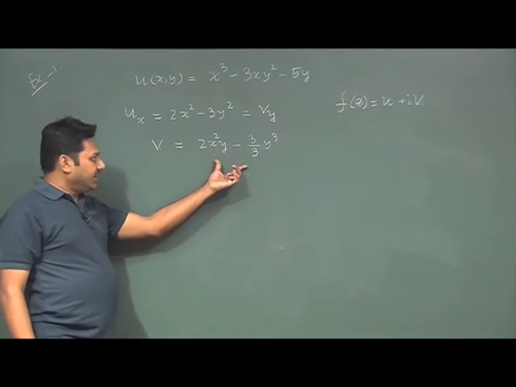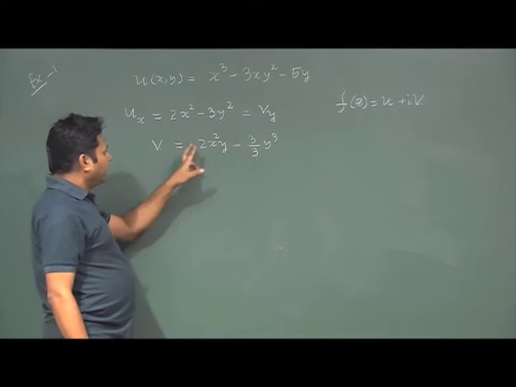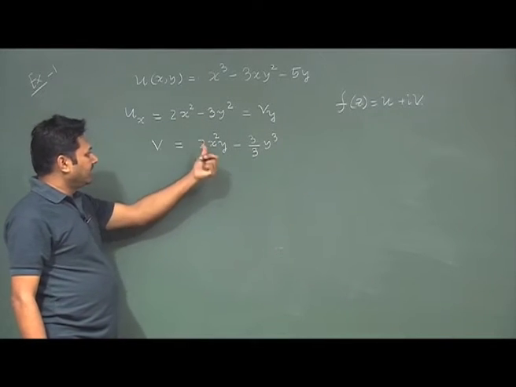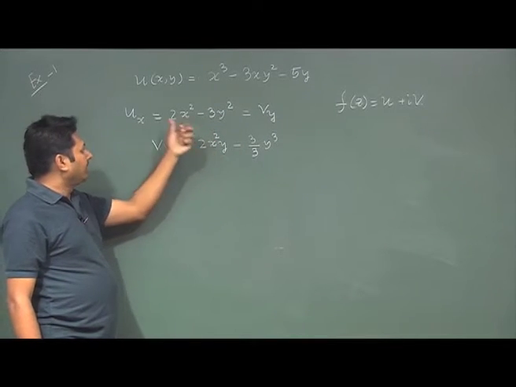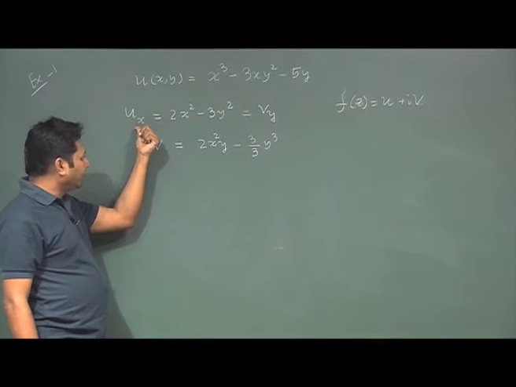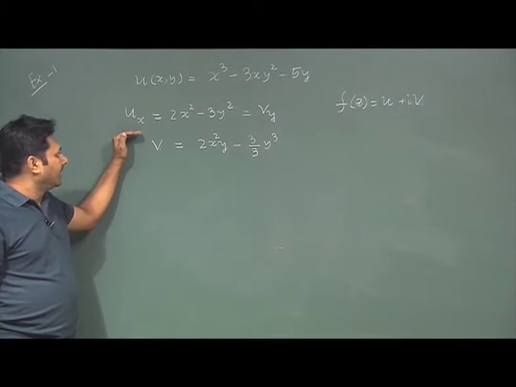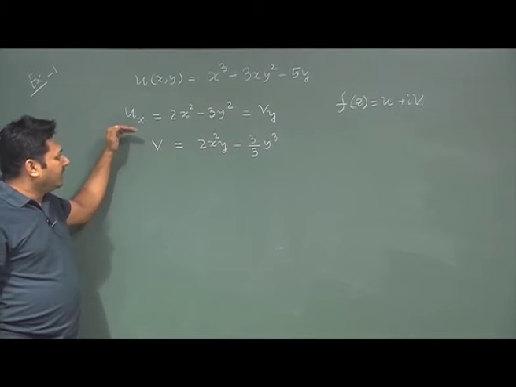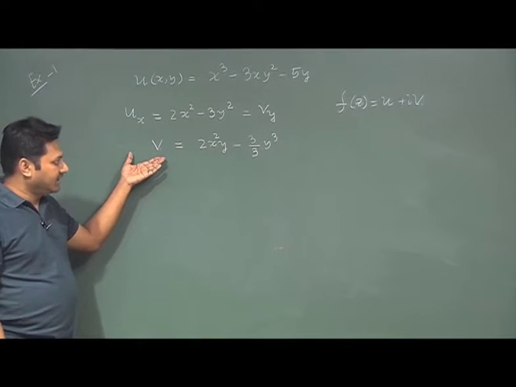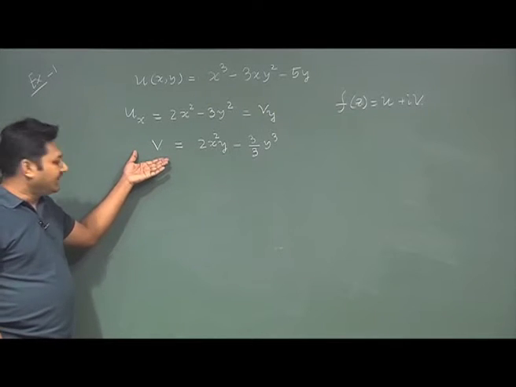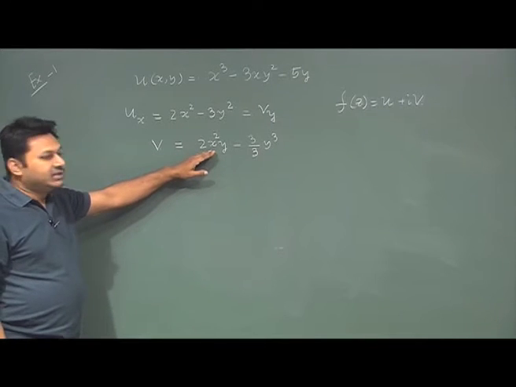When I am making the integration, you should remember that I am integrating with x as a constant. Since I am using x as a constant, when we do the partial derivative with respect to x, we make y a constant. Here I am doing the opposite thing, vy is given, which is the partial derivative with respect to y. I am integrating it to find out what is my v. When I am integrating it, my x should be constant.